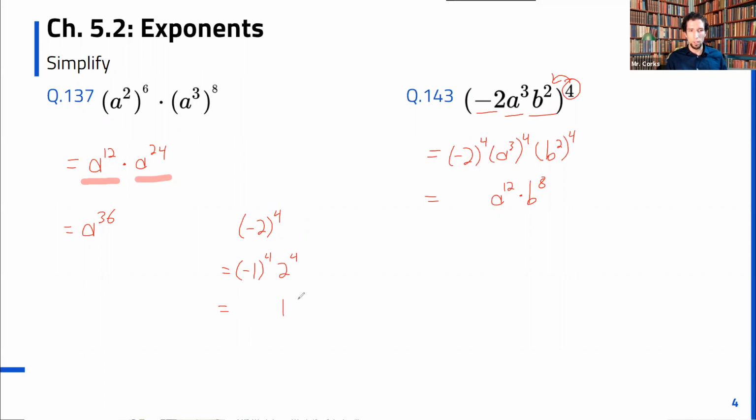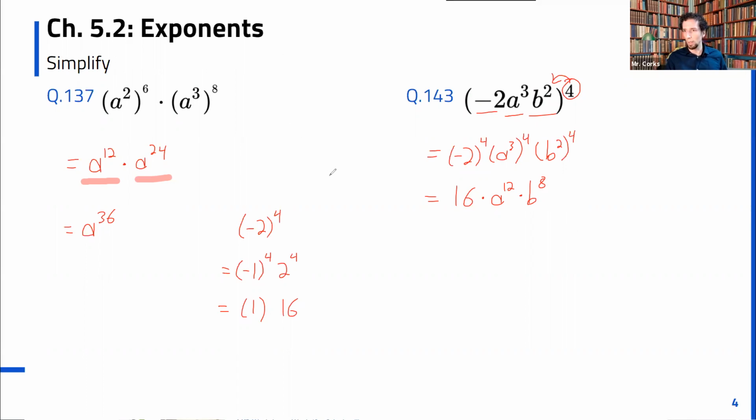So that would be 16, and then -1 times itself 2 times would be positive, 3 times would be negative again, 4 times positive again. The result here will just be +1. So +16 times a to the exponent 12 times b to the exponent 8.